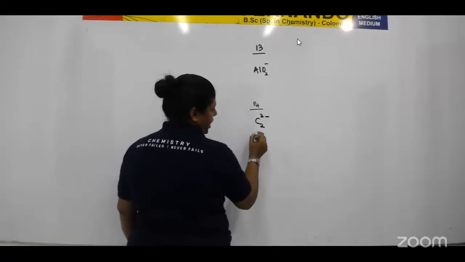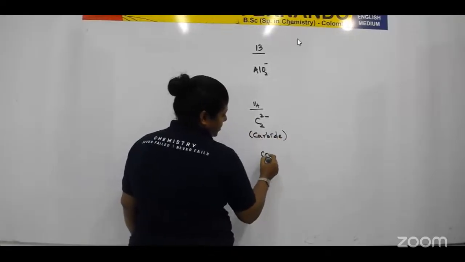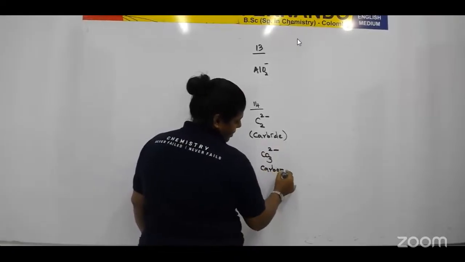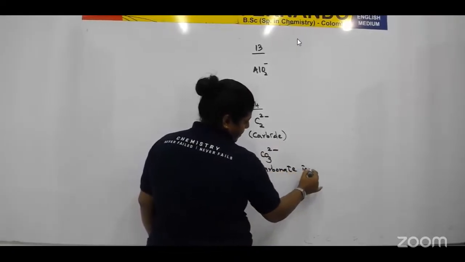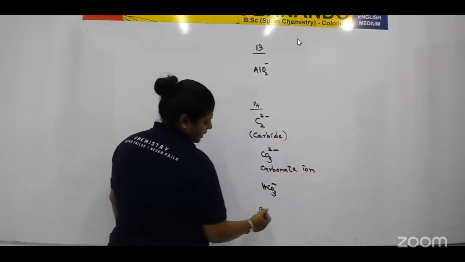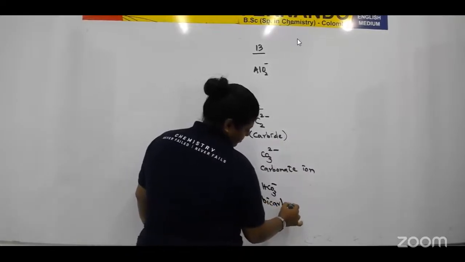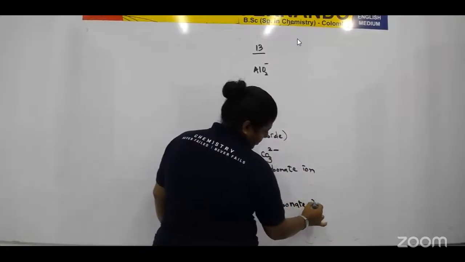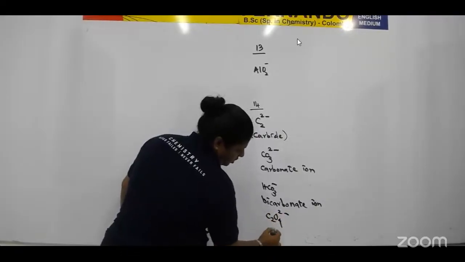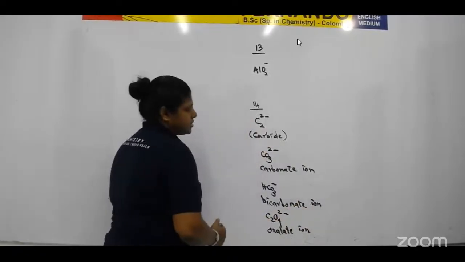C2 minus we call carbide. Next, CO3 2 minus, carbonate. Then HCO3 minus, called hydrogen carbonate ion or bicarbonate ion. And finally, you have C2O4 2 minus, called oxalate ion.